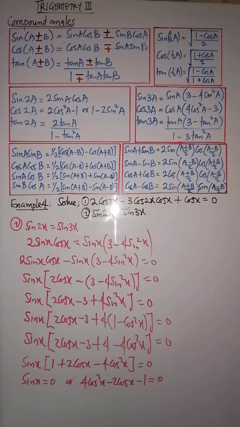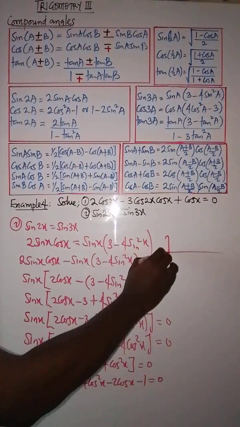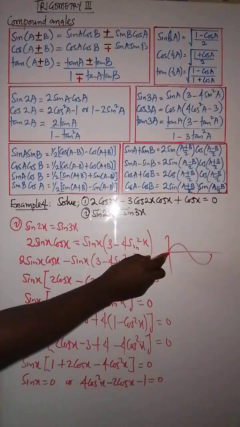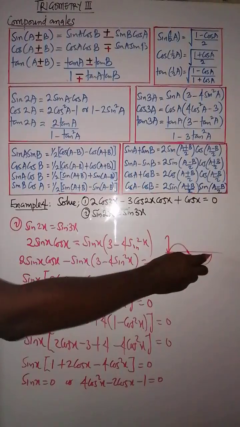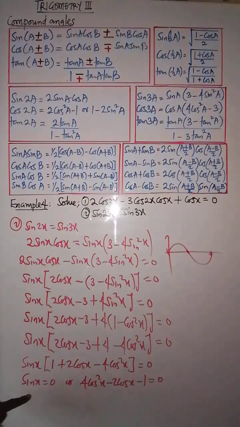And this is what? A quadratic equation. For this one, the solution is easy. So sine what will equal 0? If you check your sine graph, so sine 0 equals 0, and sine what? 180 and sine 360. So for this particular one, 0, 180, 360 satisfies this equation. While for the next one, we are first going to look for the value of x by solving this quadratic equation.